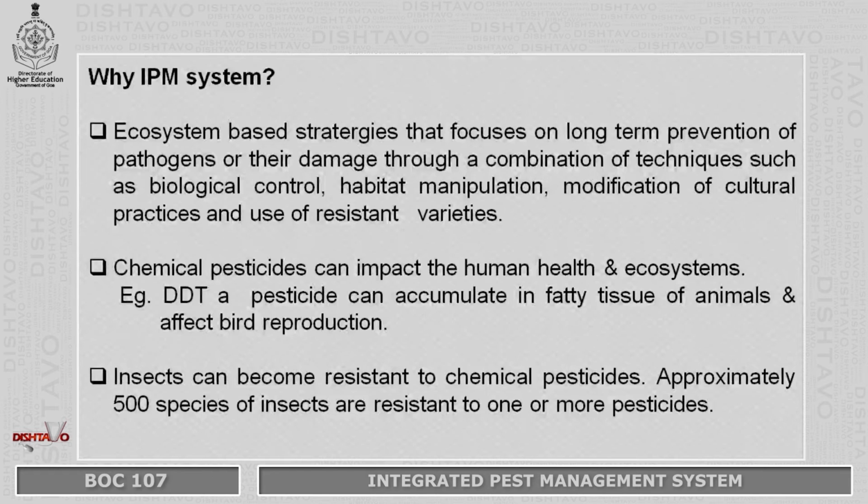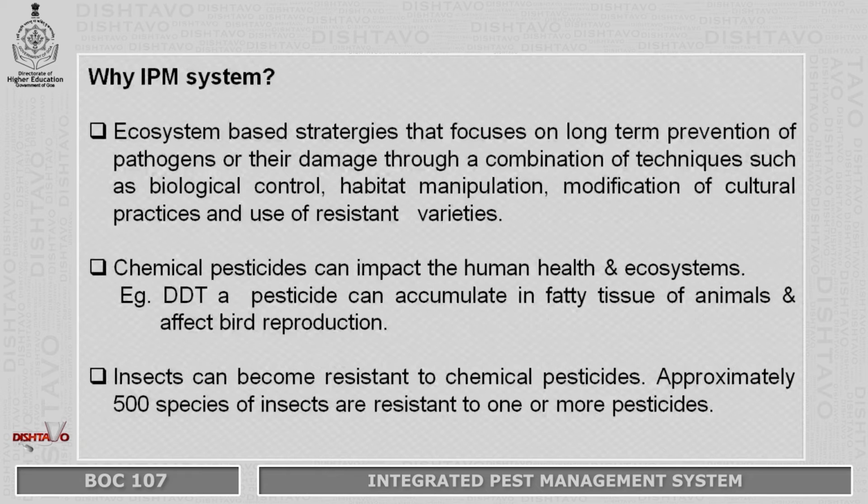Now, why are IPM systems required? Earlier systems used ecosystem-based strategies that focus on long-term prevention of the pathogen or its damage through a combination of techniques such as biological control, habitat manipulation, modification of cultural practices, and use of resistant varieties. Besides this, there are chemical pesticides which are known to impact human health and the ecosystem.